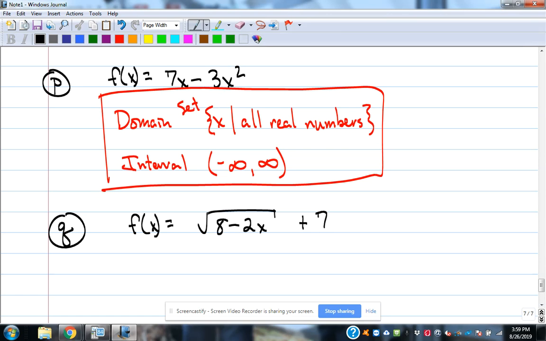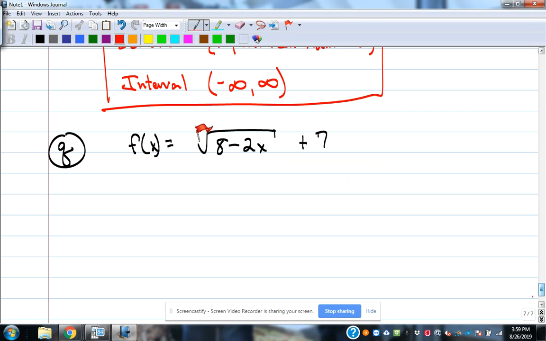Yeah, we got a square root in there. So that tells me, hey, I got to do the work that goes along with that. So what do I do for a square root? Yeah, I said 8 minus 2x greater than or equal to 0.